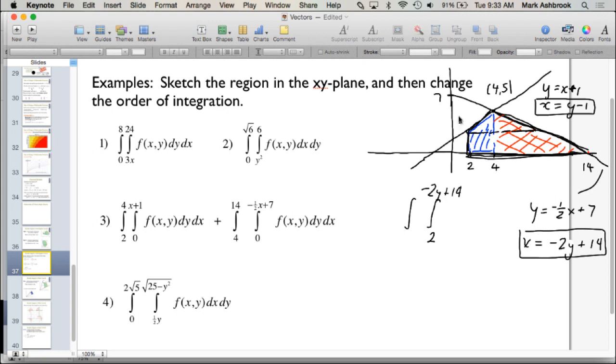Is this the point 2, 3? Yep. So 2, 3 is that y. This dividing point is y equals 3. So from 0 to 3. So that is this thing here, right? And that's dx dy plus.